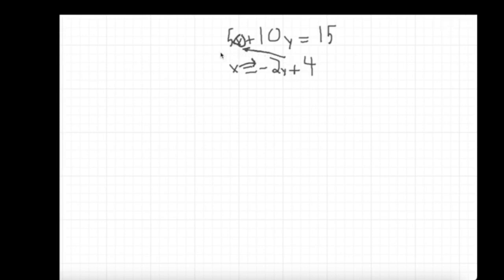So let's rewrite the equation. 5. And now, where the x used to be, we put parentheses and put the new value in. We plug it in. This is what it's called.